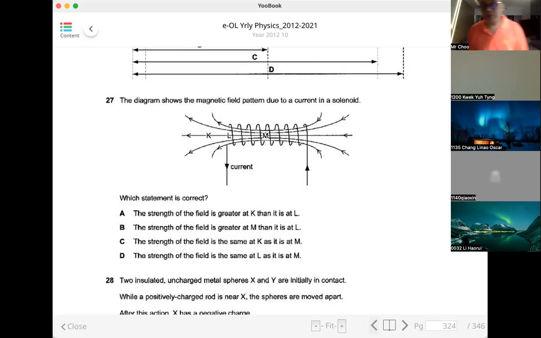Do you all remember I told you this? When the lines are closer to each other, you have a stronger magnetic field, and where the lines are further apart, it is weaker. So everybody is correct. Bei Kwan, can you try again?